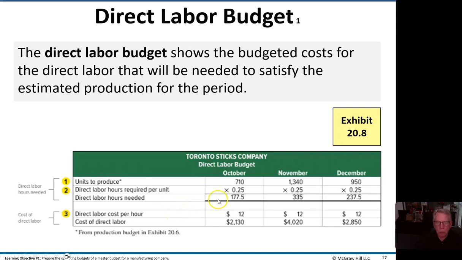So we multiply that through, and we get the direct labor hours that we need here and here. Now, what we do next is multiply that times the direct labor cost per hour, which in this example is $12 per hour. We multiply that through times the direct labor hours needed, and that gives us the cost of direct labor here, here, and here.